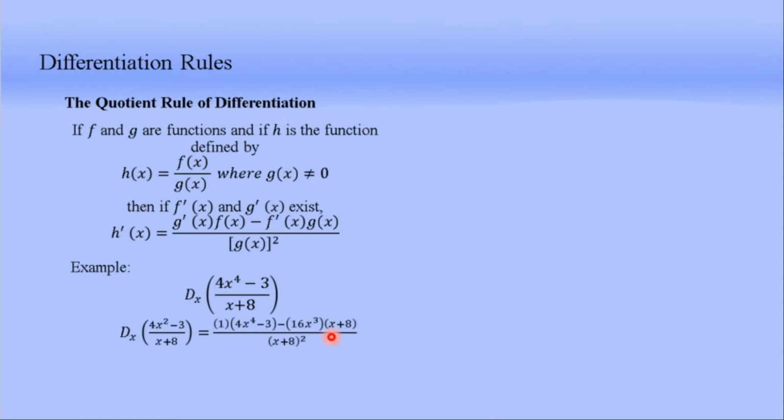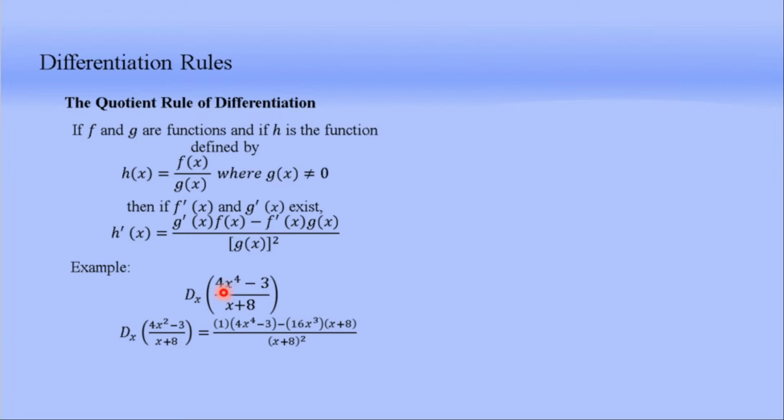So first is the derivative of the second function, which is the denominator. Since 8 is a constant, the derivative of 8 is 0. And the derivative of x is 1. And then input the first function, or the numerator, 4x raised to the fourth power minus 3, minus the derivative of the first function.